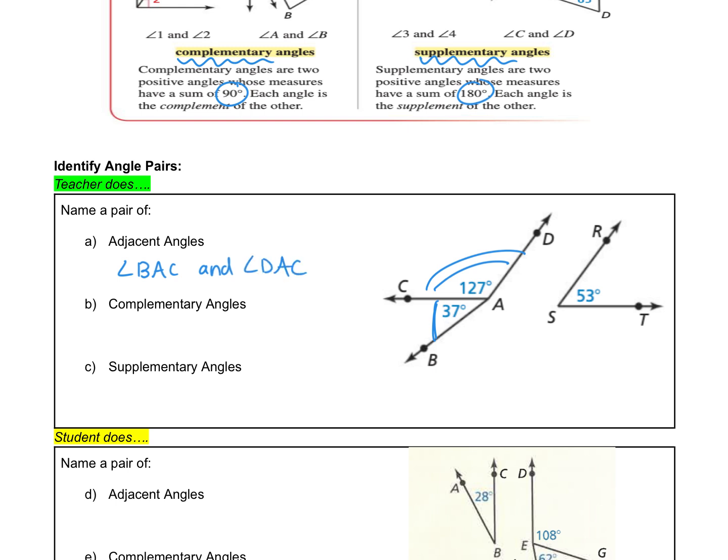That's just one way of naming them. Complementary angles have to add to 90. So we're looking for 2 angles that add to 90. 37 and 53 add to 90, so those are complementary. The 37 rather, we've already named, that's angle BAC. And that 53 is angle RST.